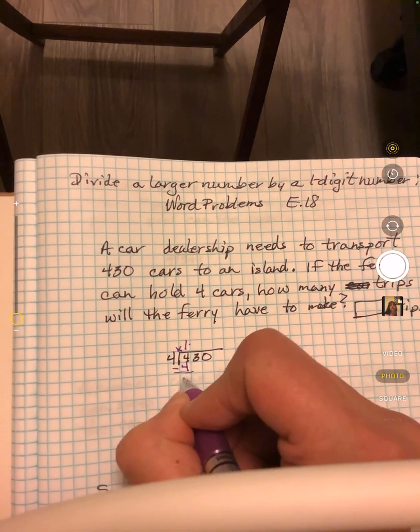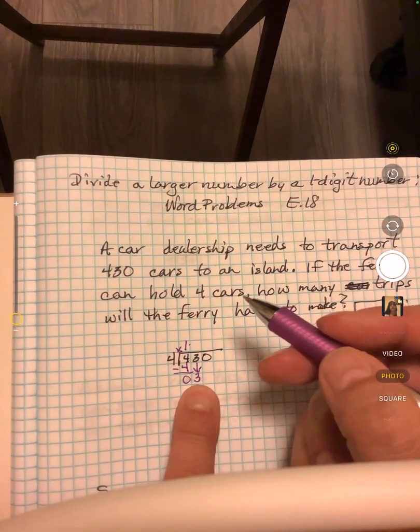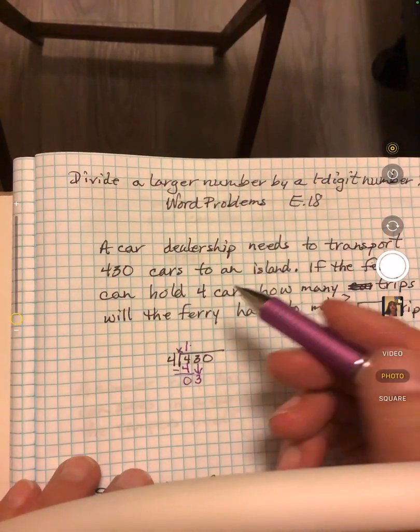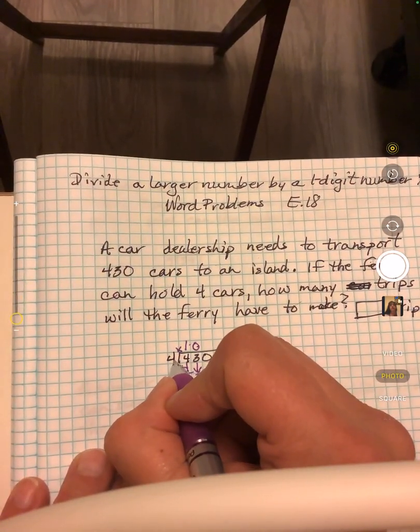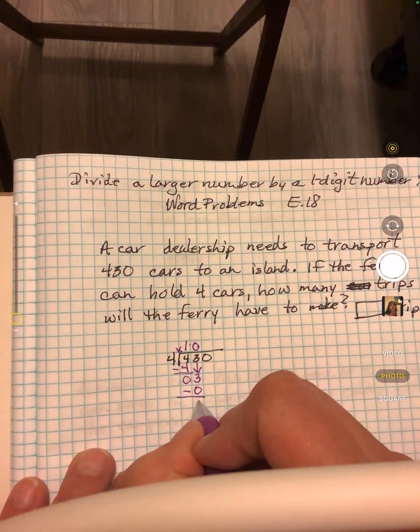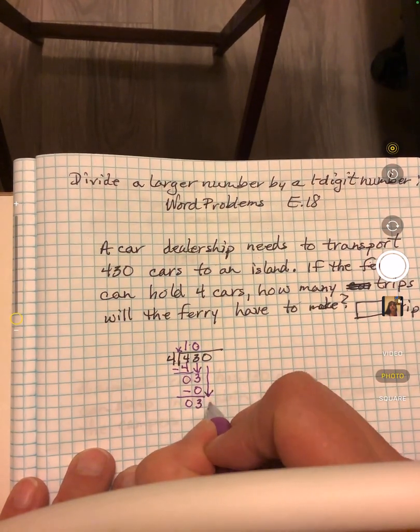We subtract, we get 0, and we bring down our 3. 3 divided by 4. I can't get a group of 4, so I have to put 0 up here. 0 times 4 is 0. And we subtract. We get 3 there and bring down our 0.